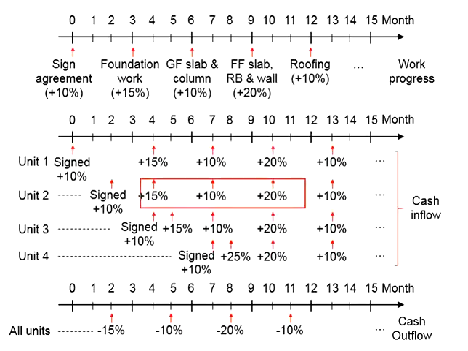The progress payments for the following stages will be similar to the unit 1. Let's say in the 4th month, you will receive the 15% of the payment from unit 1 and unit 2.